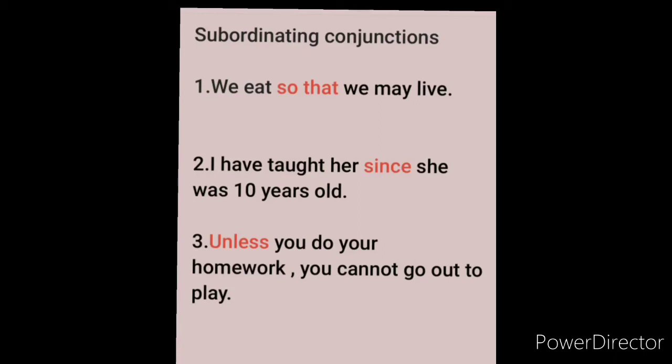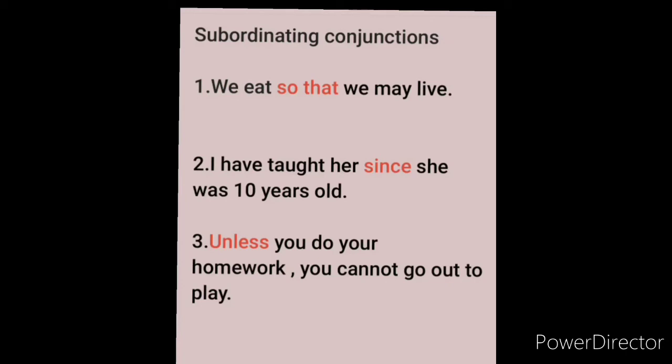Unless you do your homework, you can't go out to play. Unless you do your homework is dependent clause, and it is dependent on the next clause, which is you can't go out to play. Now students, we have learnt that subordinating conjunctions are the linking words which join one dependent clause to an independent clause. I think you have understood it.